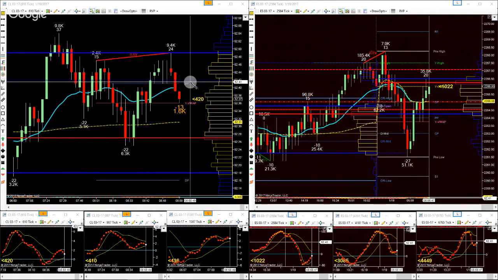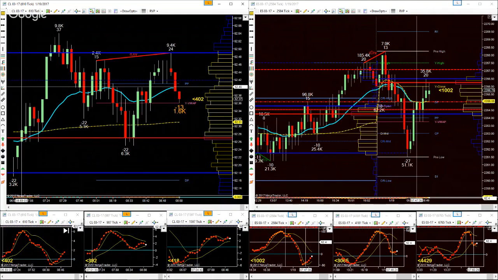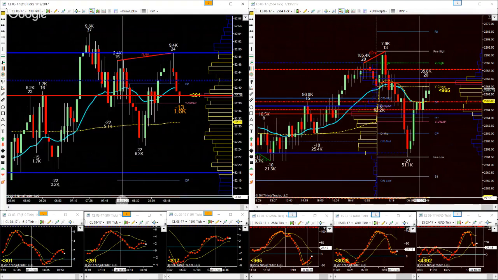Okay, here it is on this chart, showing up there. I want to make this even a little more obvious. Not sure how I could do that. There we go.